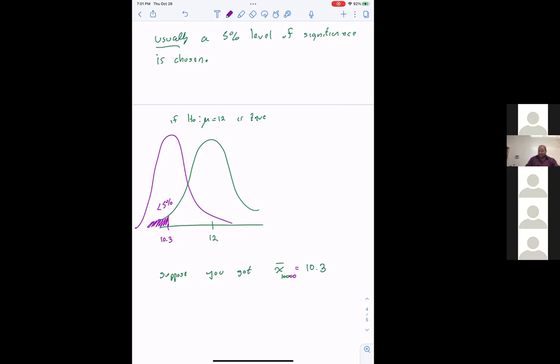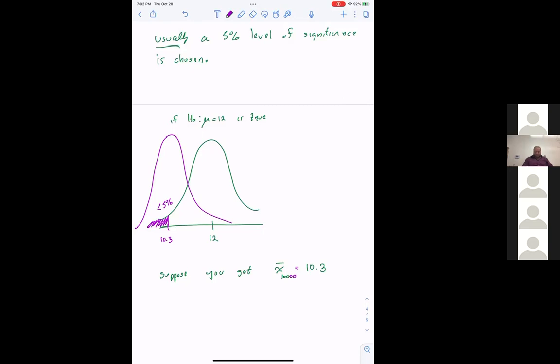This is the idea of a test of significance. Under the assumption of being 12, the likelihood that I get my result is so small that I'm going to reject what you're saying in favor of an alternative hypothesis. In this case, I'm going to say it's less than 12. Therefore, you're lying to the public. I'm going to call the Better Business Bureau, and you're going down, Subway.